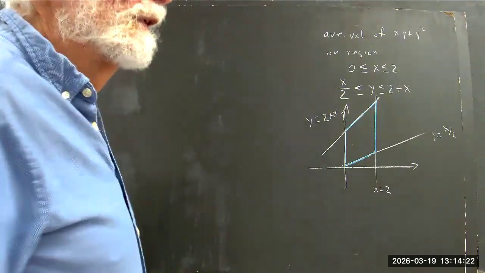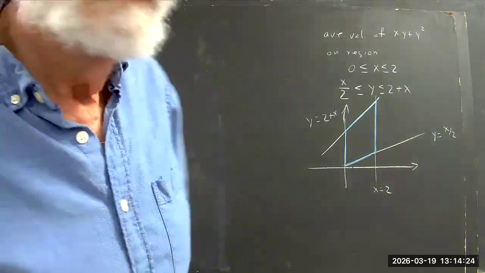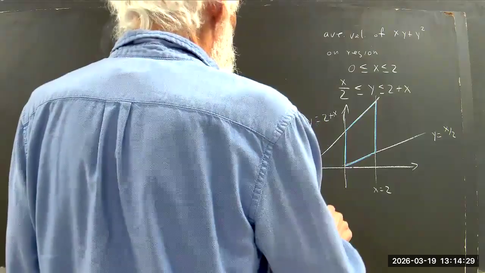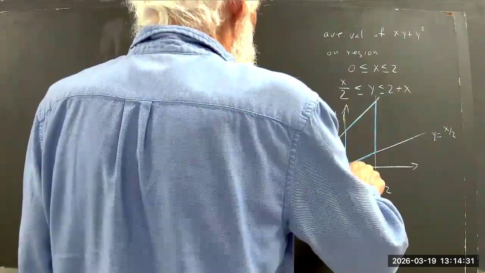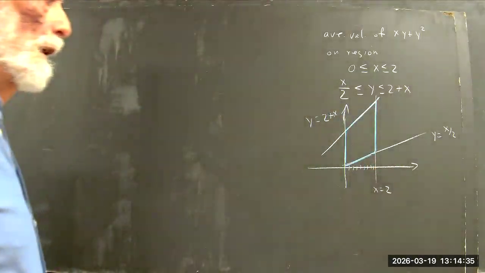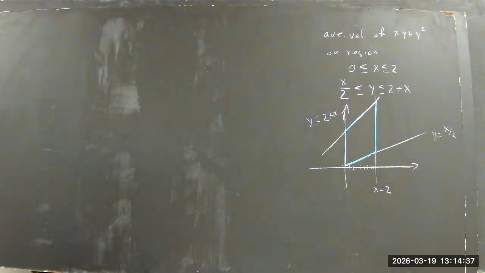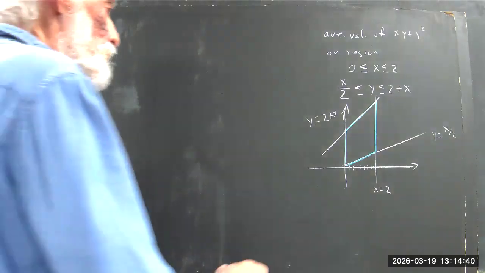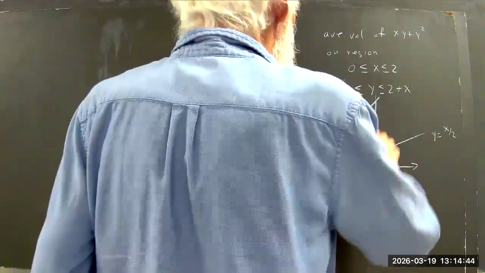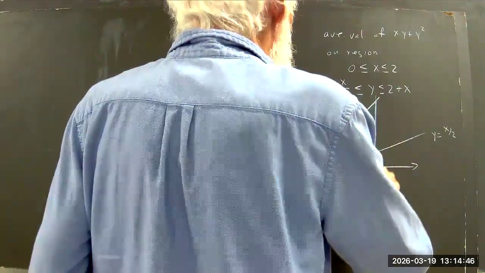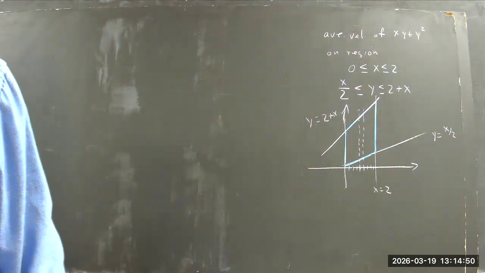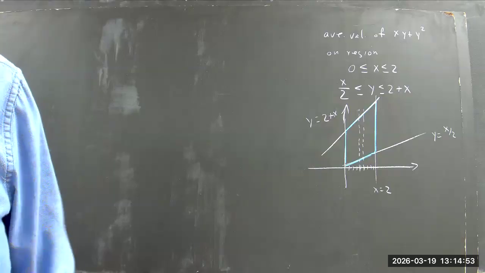How am I going to partition this region? Well, I'm going to say partition the x interval. Typical strip of y values will be from here to here. Make sense?